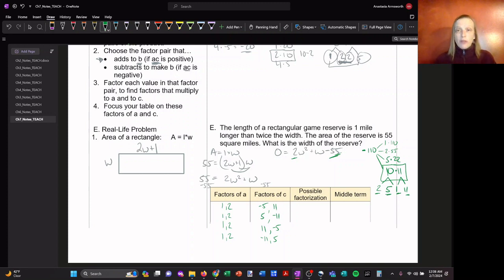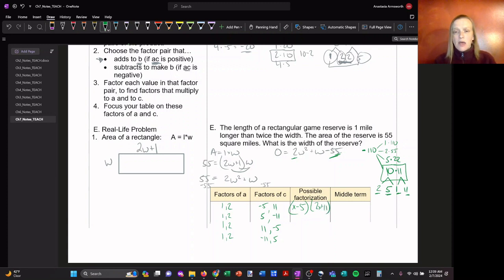Now, with practice, you may find that some things work more often than others. So you may find ways to narrow this down so that you don't actually have to write out all the possible factorizations. Here, this would be represented by x minus 5 times 2x plus 11.